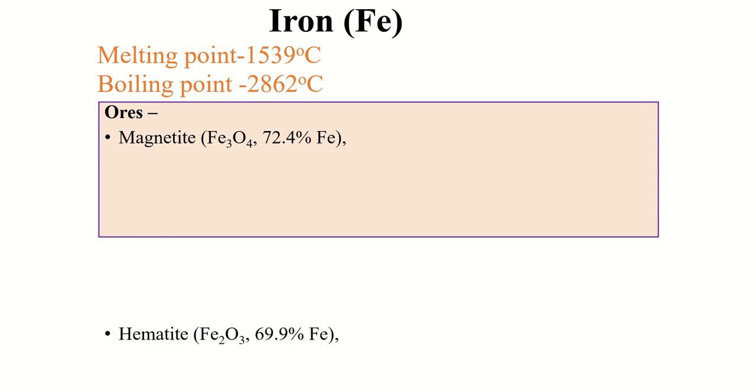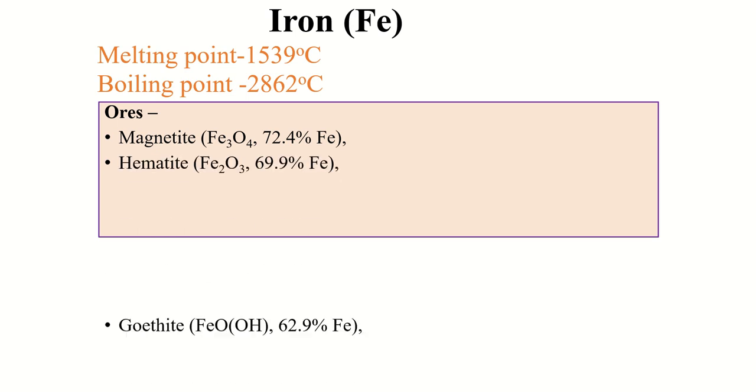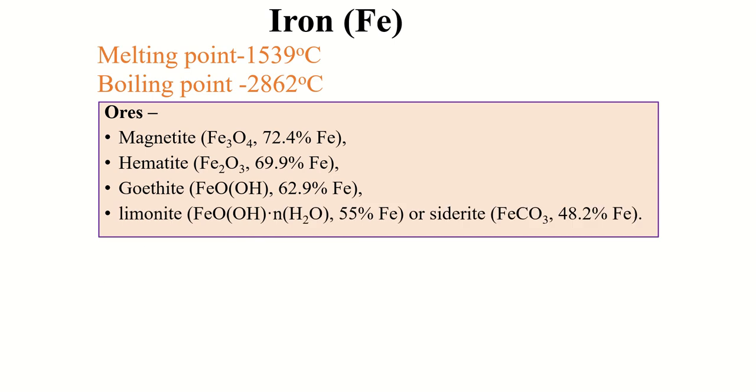There are many ores of iron, so from these ores we can extract the iron. Magnetite, hematite, goethite, limonite and siderite are the important ores. From these ores the iron can be extracted economically. The most frequently used ore is hematite, which has the chemical formula Fe2O3.